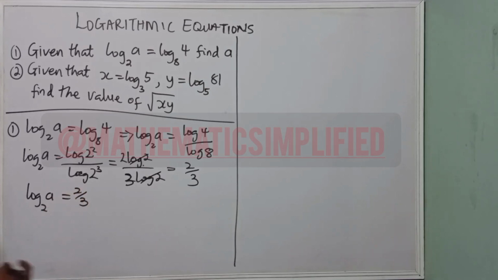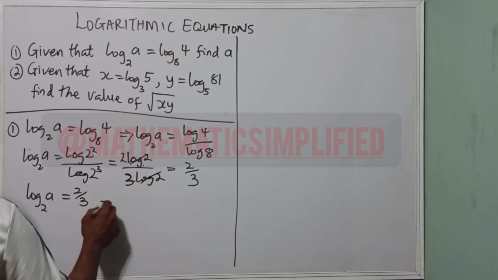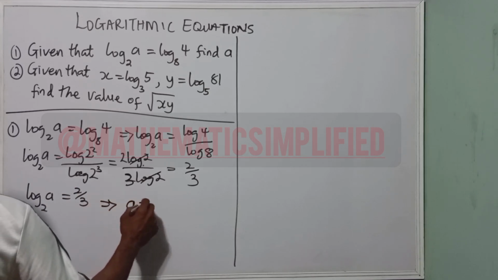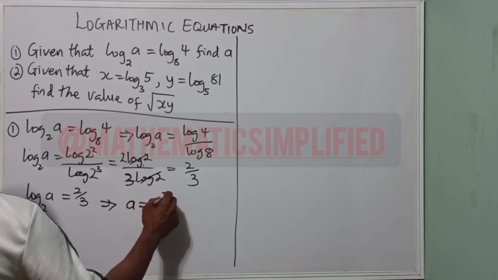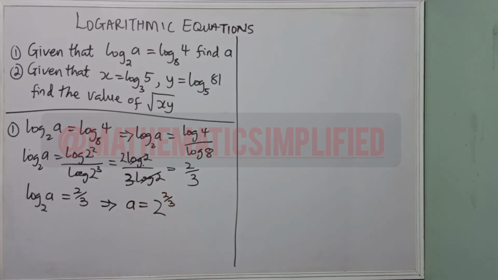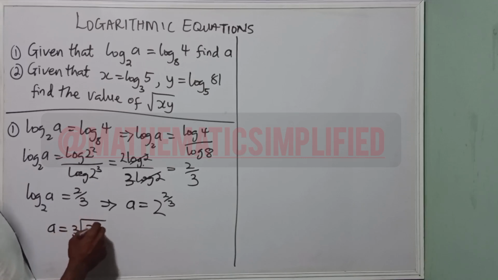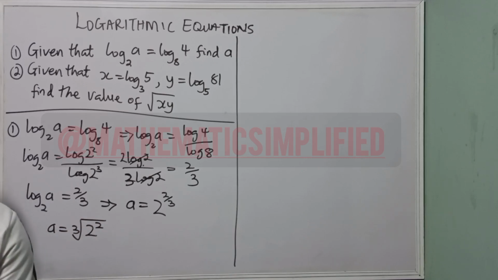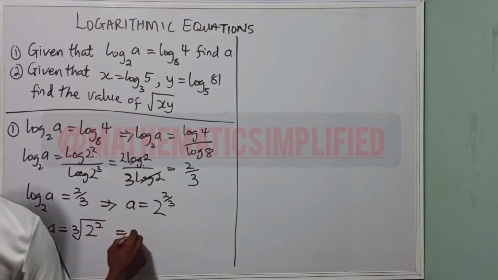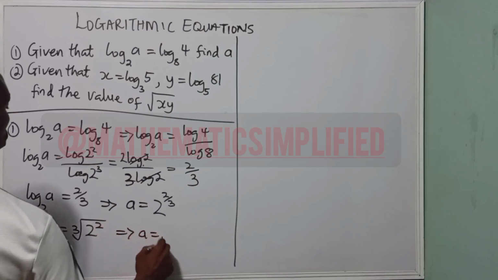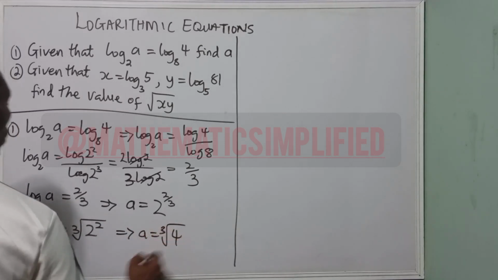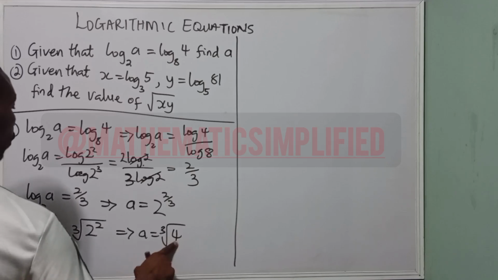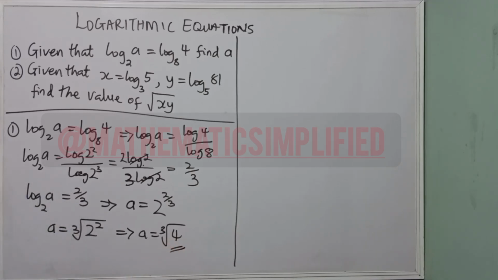Now applying our general log law, we will have a equals 2 raised to 2 over 3. This can be rewritten as a equals the cube root of 2². 2² is 4, so the cube root of 4 will be the value of our a.